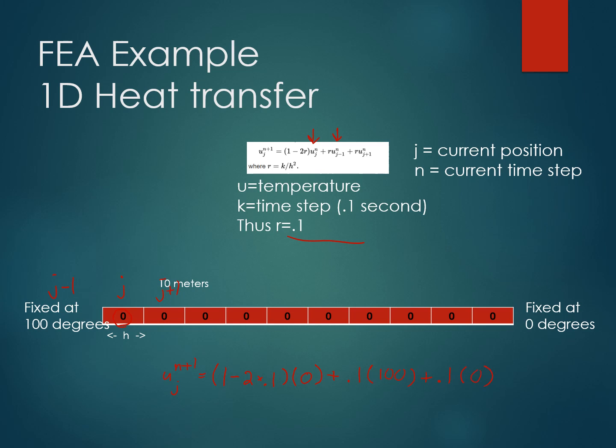So we find that this simplifies out such that U of J n plus 1 is then going to be equal to 10 degrees. It's just from this term right here. That was our first time step, and we only had to calculate that one element, this spot right here, because there was only one non-zero element in this simulation, this fixed boundary at 100 degrees.